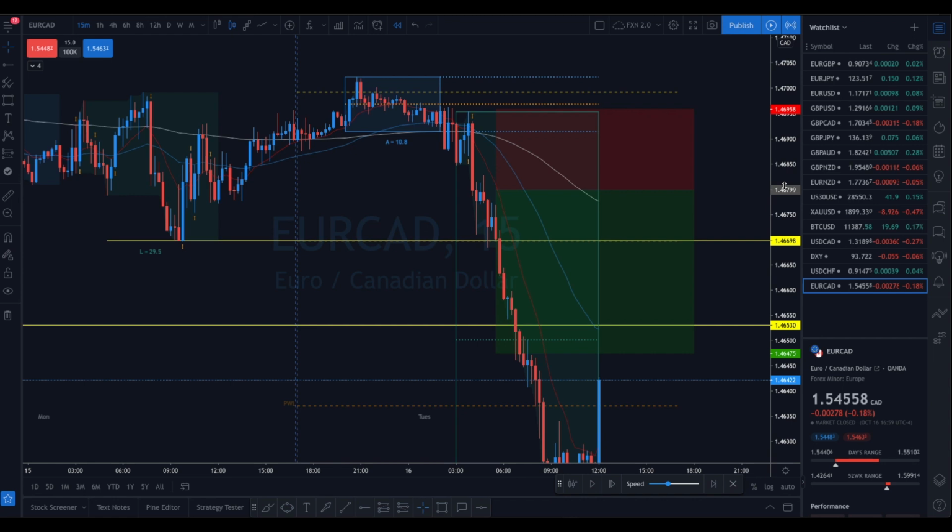If that behavior happens, boom, there's your trade setup. If the behavior doesn't happen that you expect, then you just don't take the trade. It's perfectly fine not to take the trade. You don't have to trade every day. It's not about the quantity of trades that you take, it's about the quality of trades that you take.